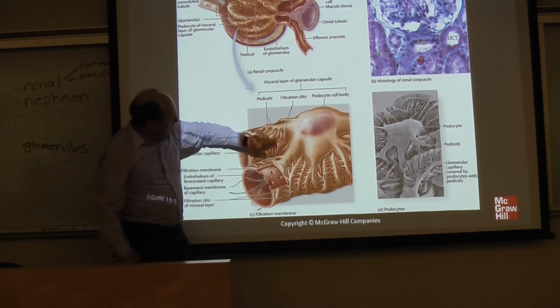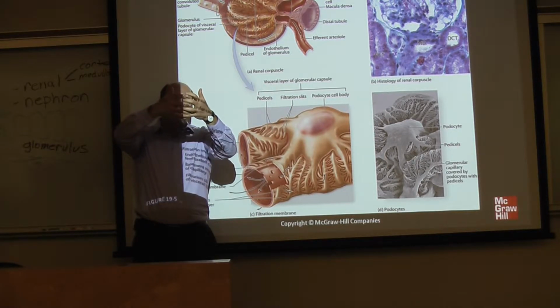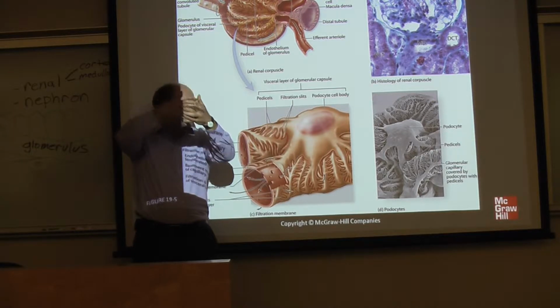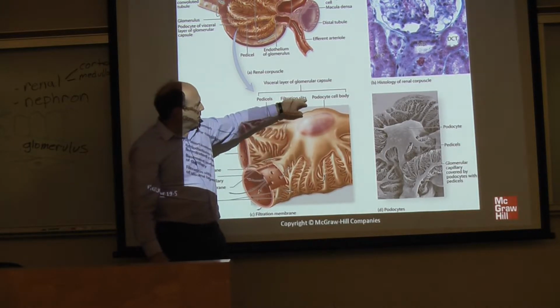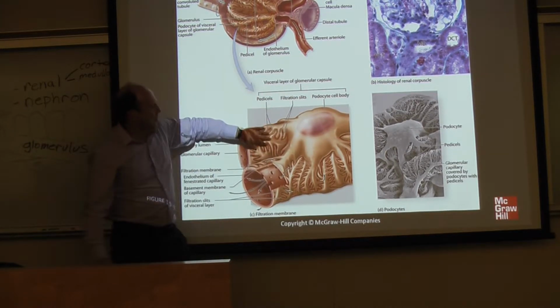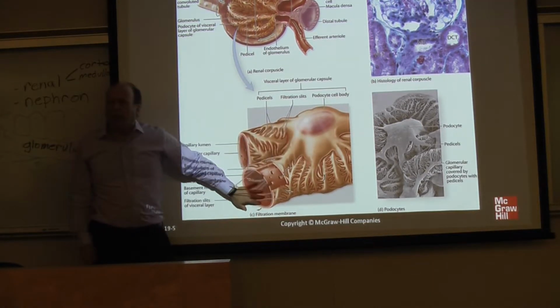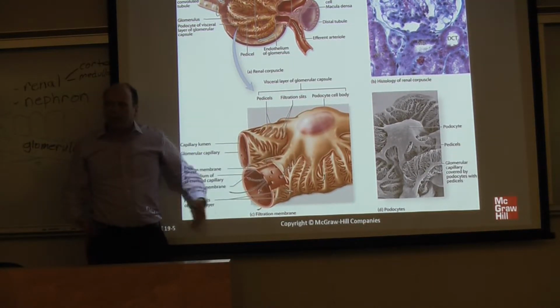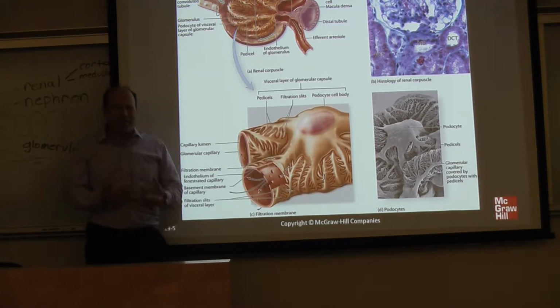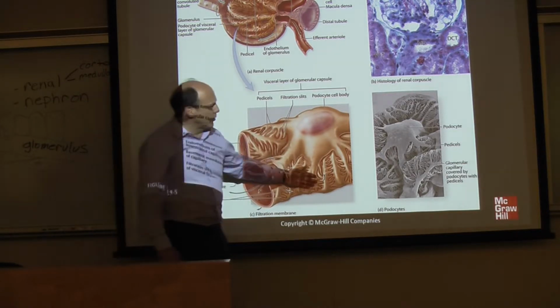And the pedicels, I was holding my hands together here, can control a slit size, down to the molecular level, pretty much, with the filtration slits formed by these interdigitating pedicels that are part of the podocytes that are sitting on top of fenestrated capillaries. A lot of filtration here, and the size is right for being able to control what kind of molecules are going through.